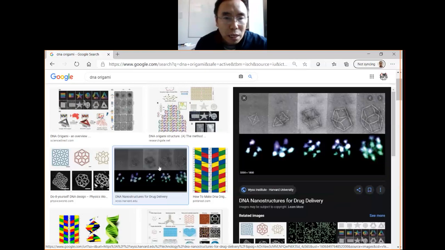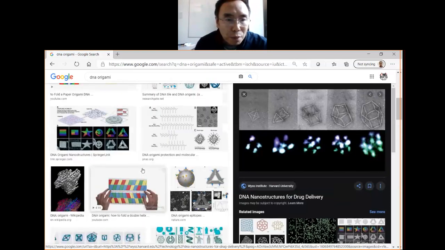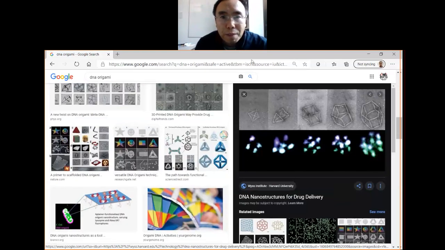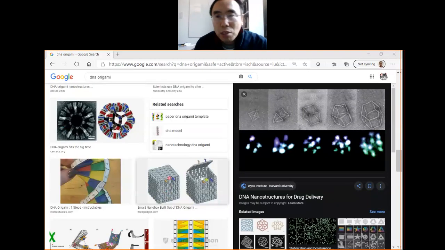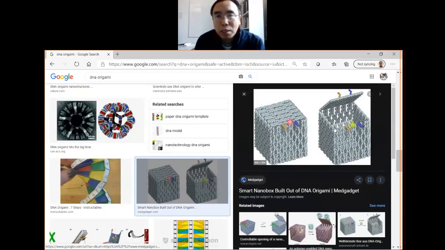And some people even make a box. This box is made of one long DNA chain. It will be self-folded into this complicated shape. Thanks very much.